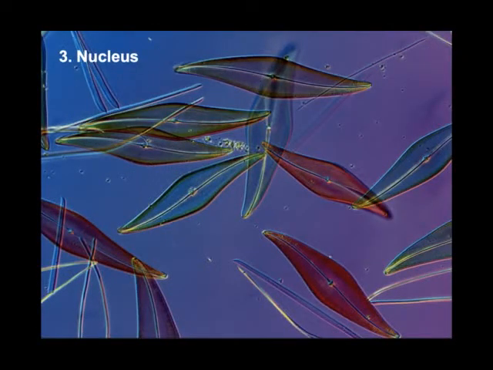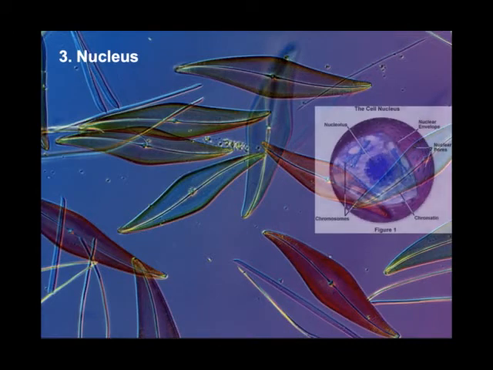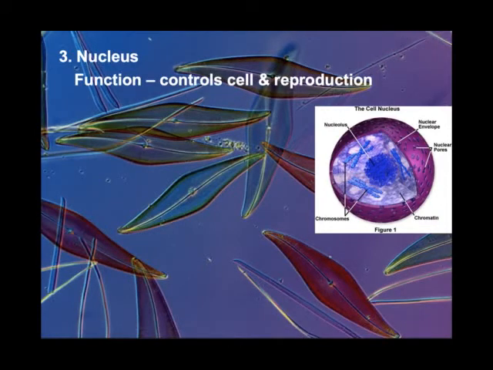The third one is the big cheese of the cell, and that's the nucleus. The nucleus is usually found in the middle of the cell, and it has a big function. It controls the activities of the cell, and it's also responsible for reproduction of the cell.